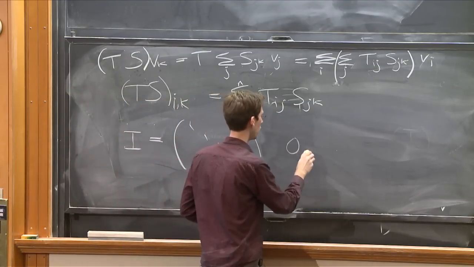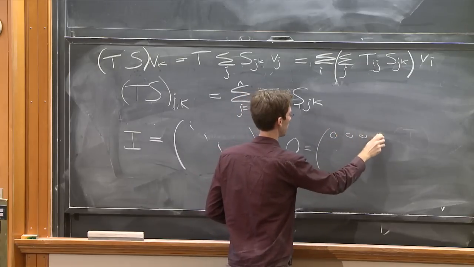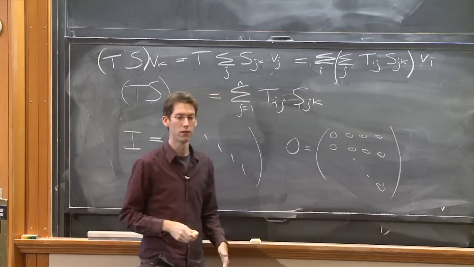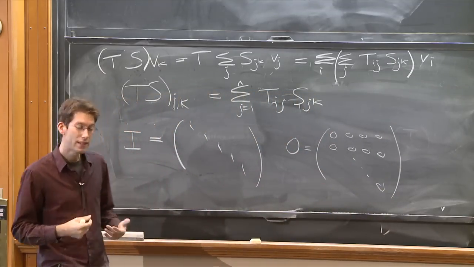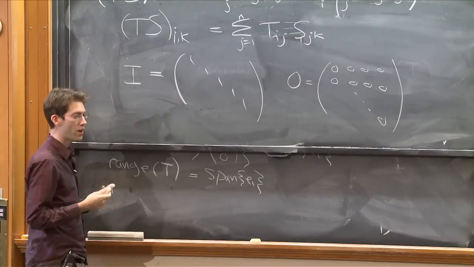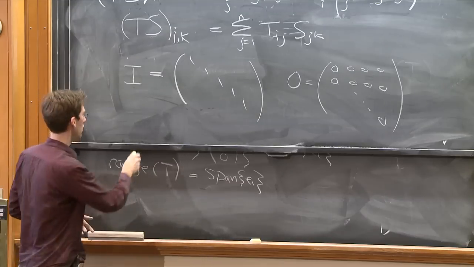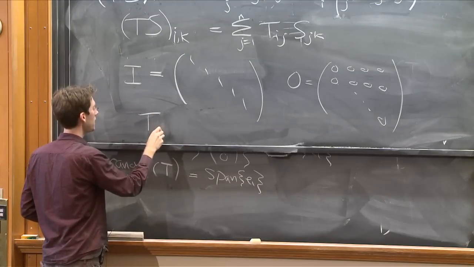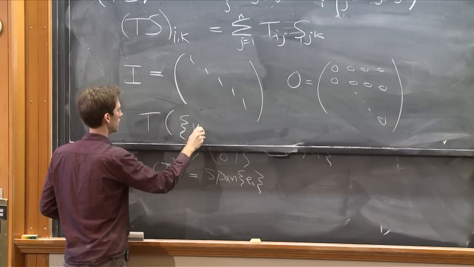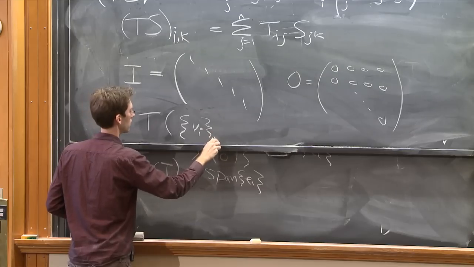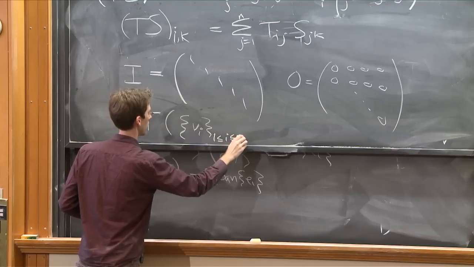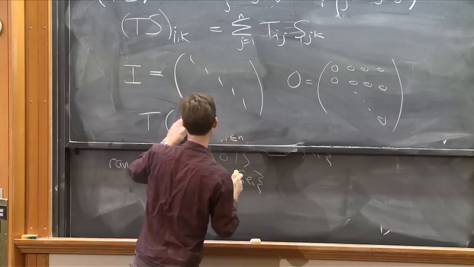And similarly, the zero matrix equals a matrix full of zeros. Technically, if you want to express the basis dependence, you can write things like this.